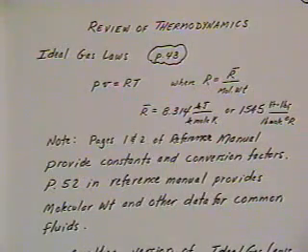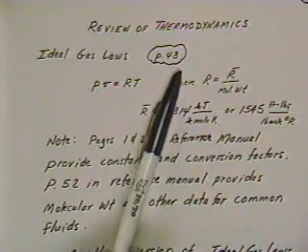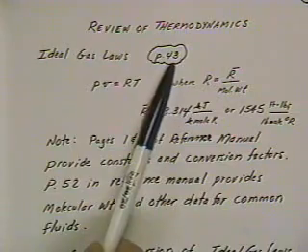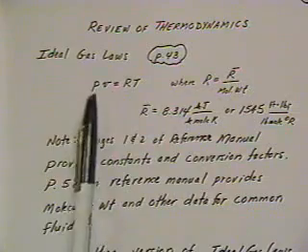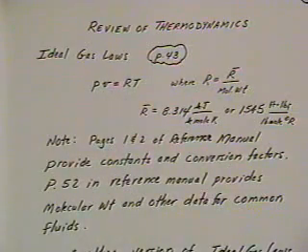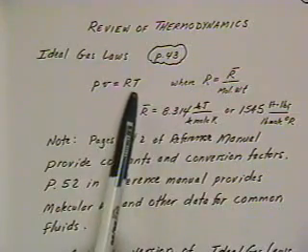First of all, starting out with ideal gas laws, the other thing that I've attempted to do here is locate the page in the reference manual where these equations are taken from, so the ideal gas laws are covered starting on page 43 in the reference manual. First of all, the very fundamental expression of the ideal gas law is Pv = RT. Of course, P is pressure, v is specific volume, R is the gas constant, and T is temperature.